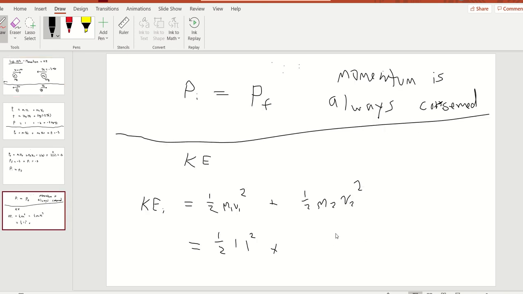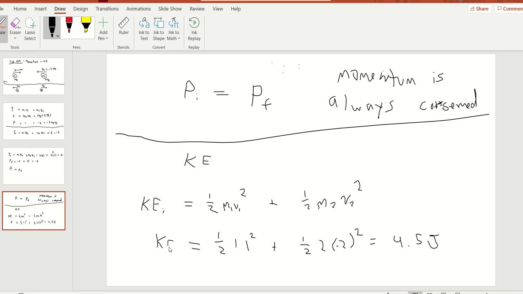So it's going to be plus, that's a plus, not a multiply, plus 1/2 m2, which is 2 kilograms, times v2, which is -2 meters per second squared. Becomes 1/2 times 1, that's 0.5 plus 1/2 times 2 times 4, which is 4, so 4.5 joules, which is the unit for energy.